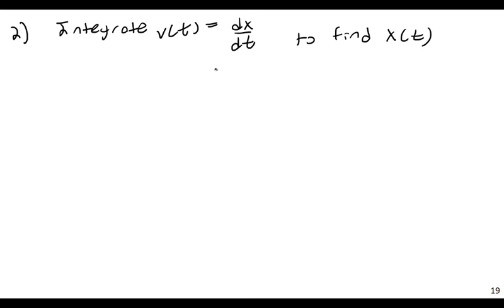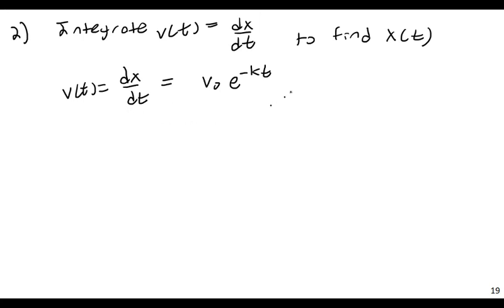And to do that, I'm going to first go back and say, okay, I have dx dt equal to v naught e to the negative kt. So v of t equals dx dt equals v naught e to the negative kt.